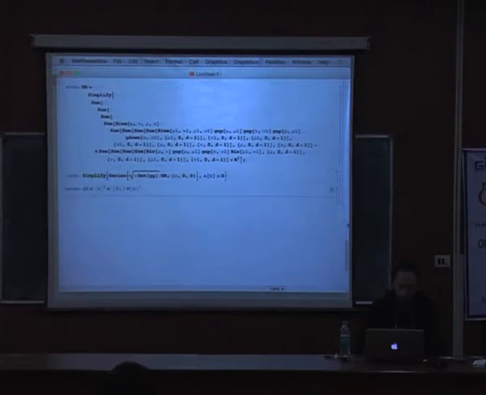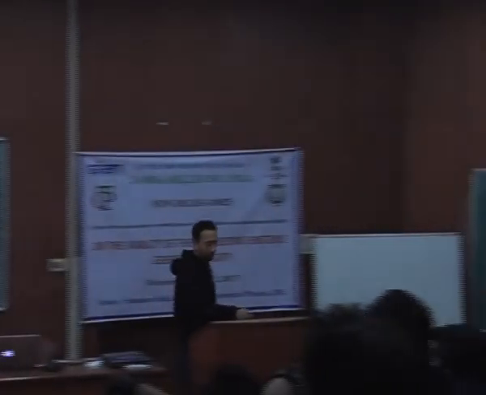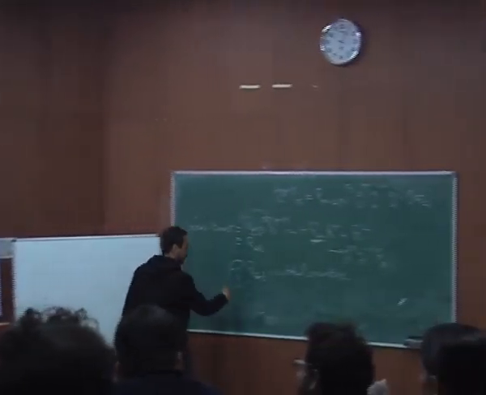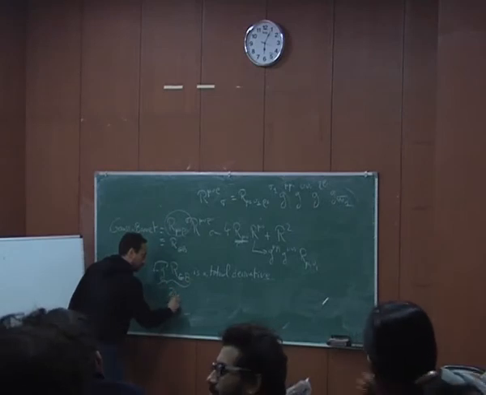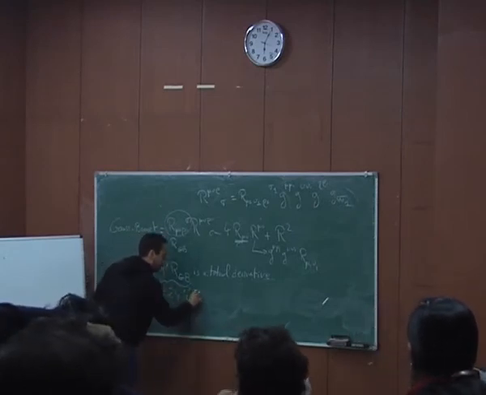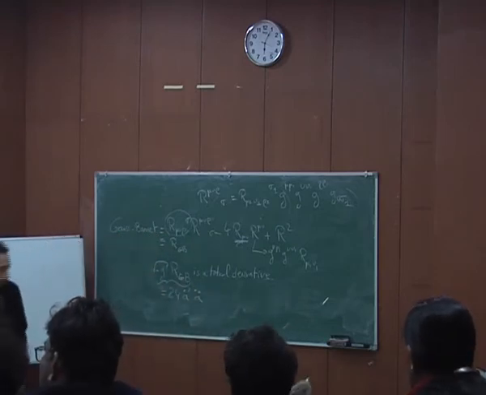Okay, so this is what we get. In the Friedman universe, this term is equal to 24 a dot squared a double dot, isn't it? Yes.